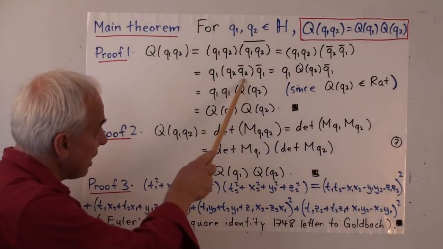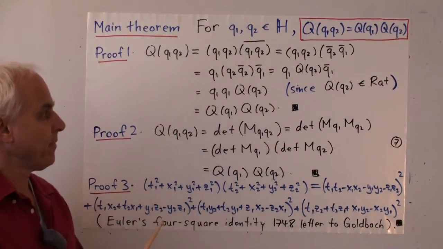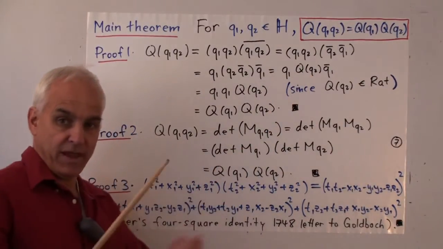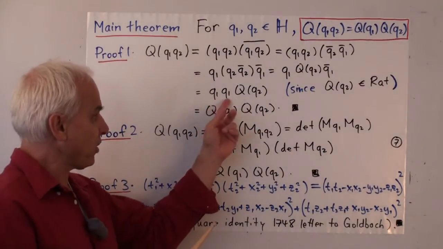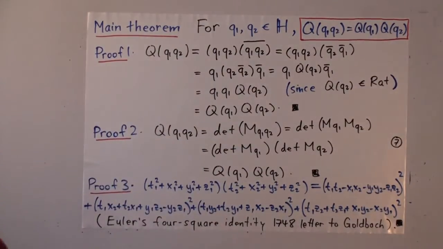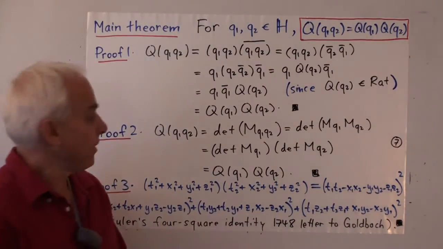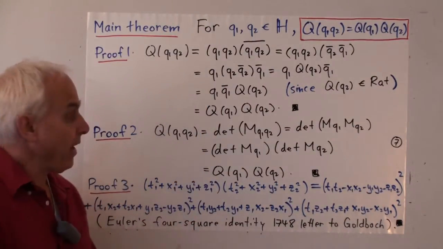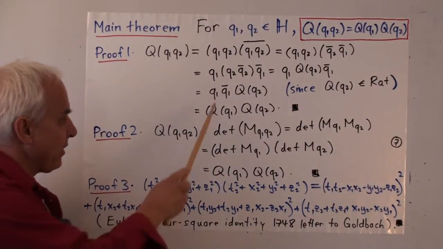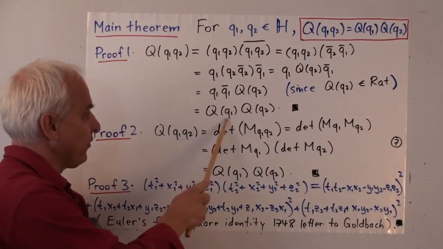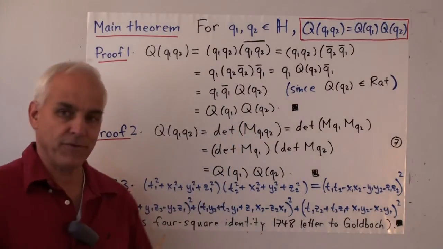When we do that, that Q2 times Q2 bar gives us the quadrance of Q2, which is a number. And because it's a number, it commutes with everything else, so we can bring it, say, to the back. Then the Q1 and the Q1 bar are together, and Q1 times Q1 bar is the quadrance of Q1. So we get the quadrance of Q1 times the quadrance of Q2.